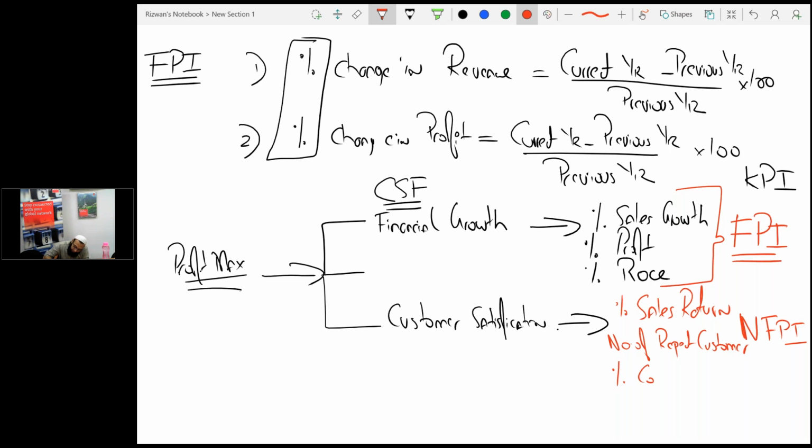Percentage complaints. This is also an NFPI. Percentage claims. This is also an NFPI. So these are the ones that will measure the success of a critical success factor non-financially.